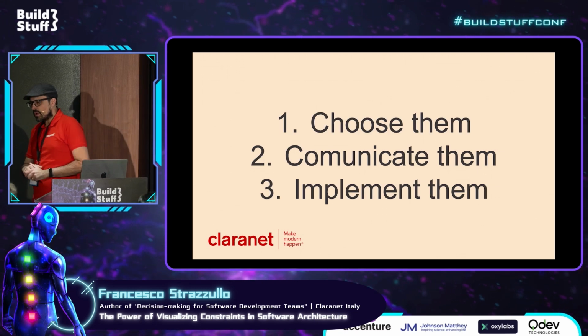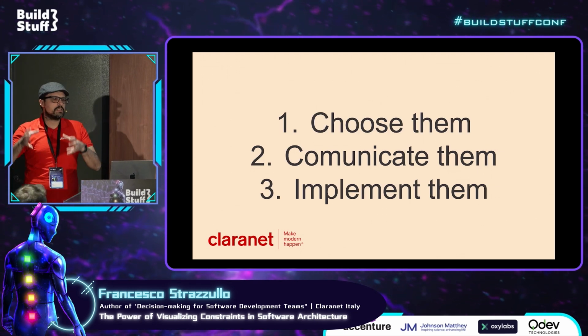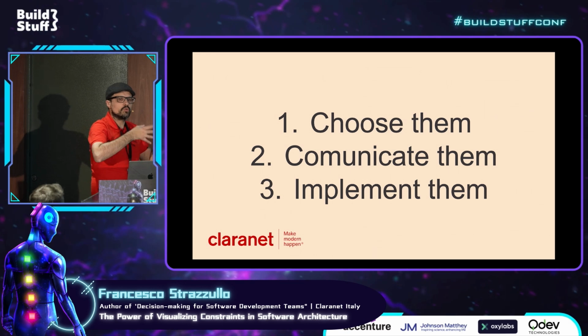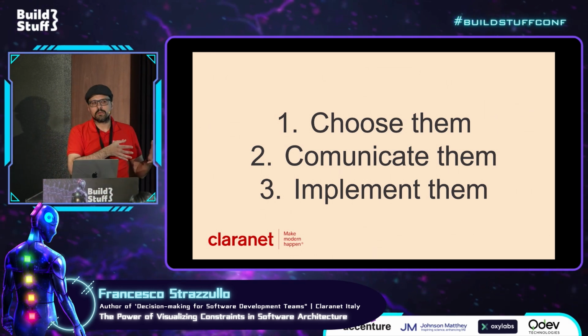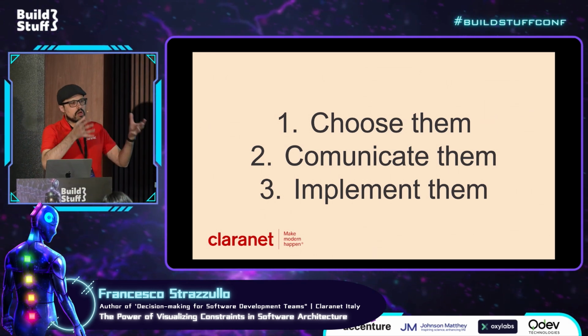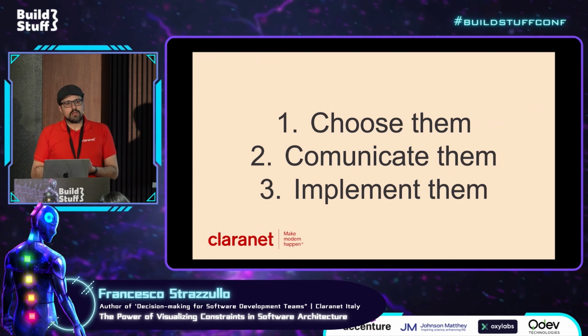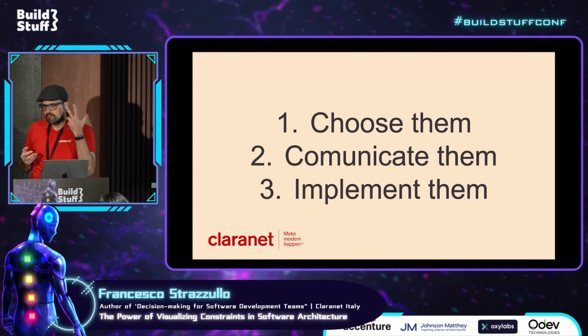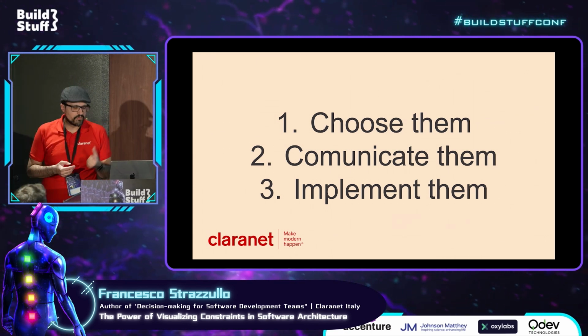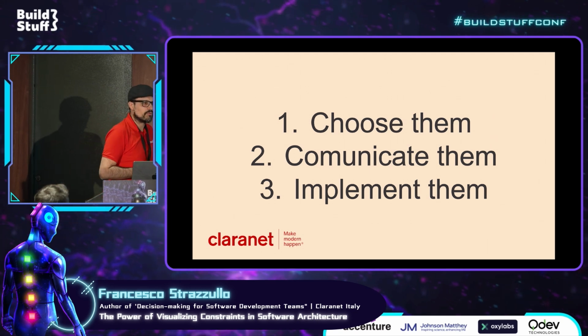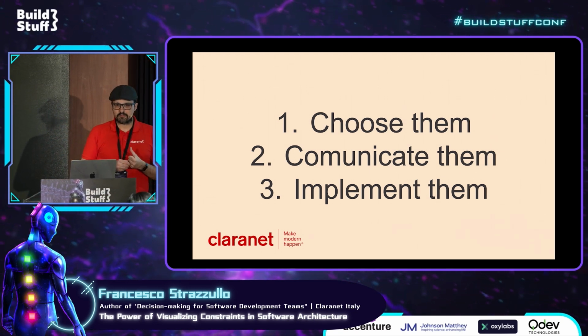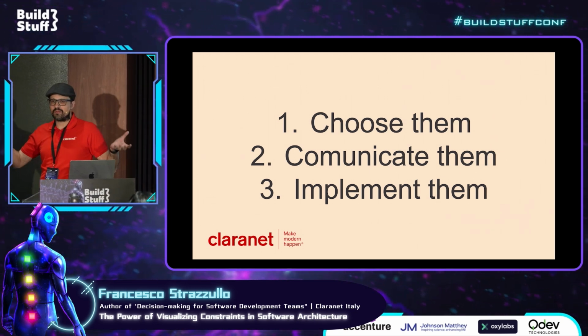Now that we understand that context should drive our architectural decisions, and that it is a bunch of non-functional requirements, we need to define three important things. The first one is how we choose these non-functional requirements. Because you cannot have everything, okay?